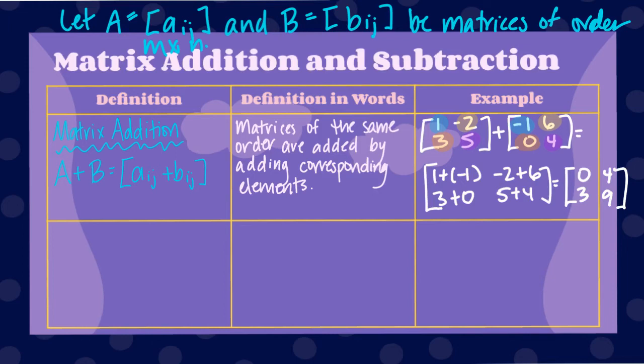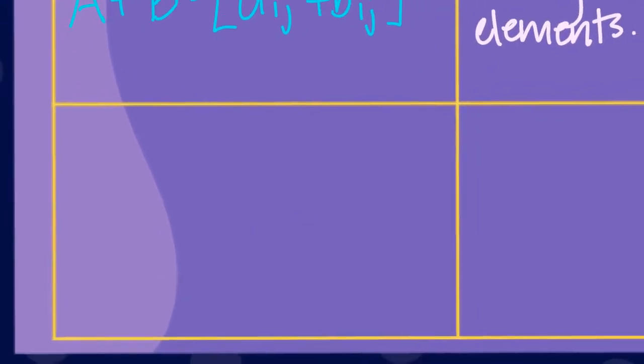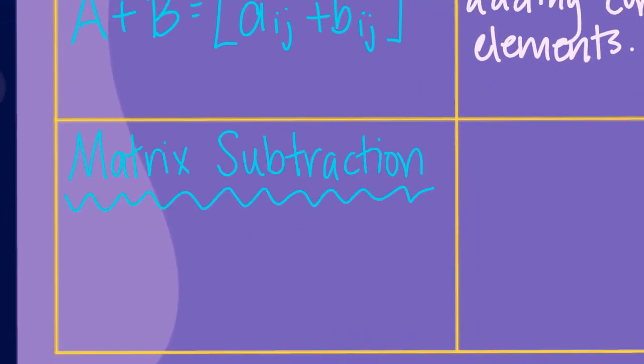Now let's take a look at matrix subtraction, which works pretty much the same way. We can subtract matrices A minus B equals A sub ij minus B sub ij.